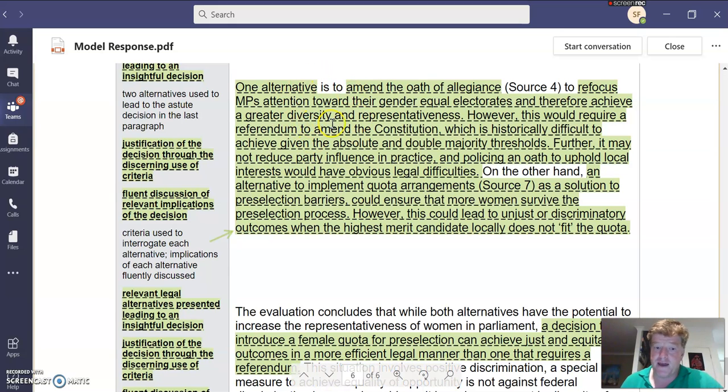And they talk about the fact that the first issue, the Oath of Allegiance, doesn't really reduce party influence, and it's going to be difficult to uphold. Whereas then they say for the quota system, they suggest a quota system could ensure that more women survive the pre-selection process. So they're saying that based on that criteria, quota system will be a little more effective. Right? And there's implications discussed in both situations.